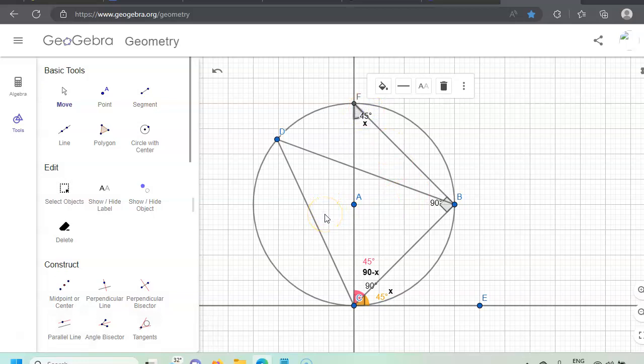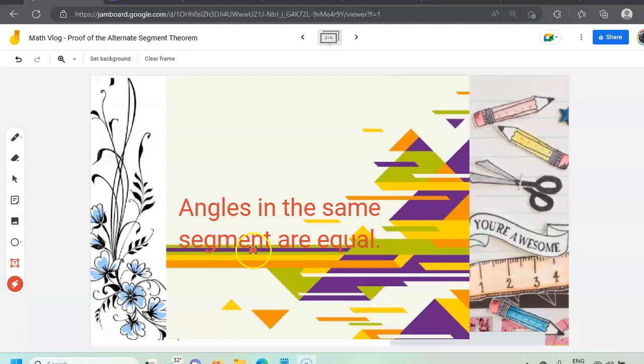And what's the relationship between angle CGB and angle CFB? Yes, they are angles at the same segment. Look at this. We are going to make use of this property wherein angles in the same segment are equal.